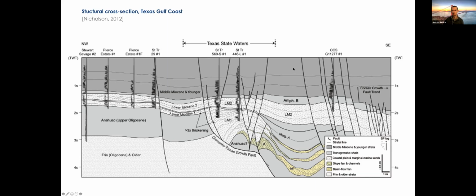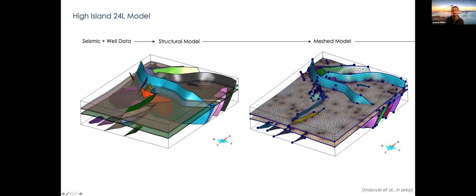These are remote geophysical surveys that give us a good sense of what the layered structure of the Earth really looks like. So when we build one of these models, we begin with all that seismic and well data to build what we call a structural model. That really identifies the horizons, the faults, and so forth.